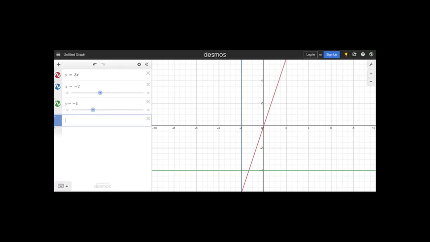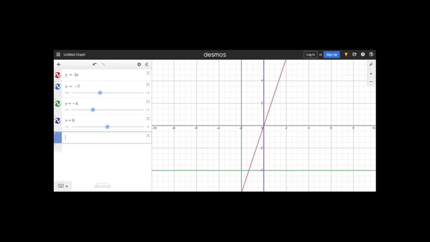Now, if you have to draw, you'll have to give the values and then you have to do. If x equal to 0, then how will the graph be?